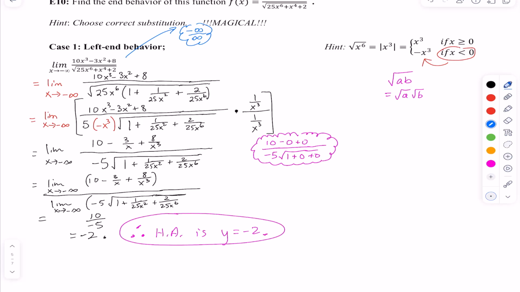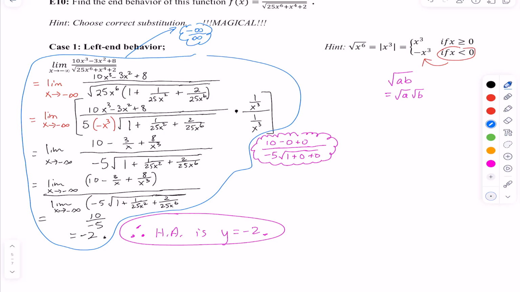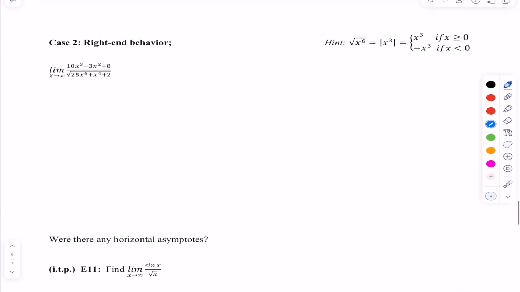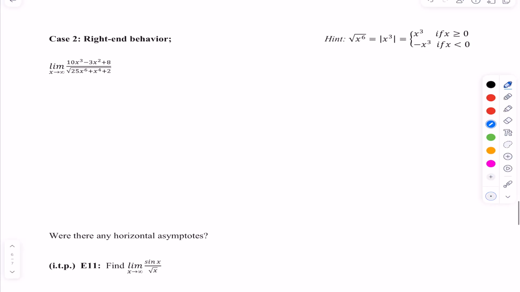Now, why don't we look at the right end behavior? In other words, let's see what happens to the x values as x approaches positive infinity. So same function, so very, very similar idea, but you do have to pay close attention to what x values you are analyzing.